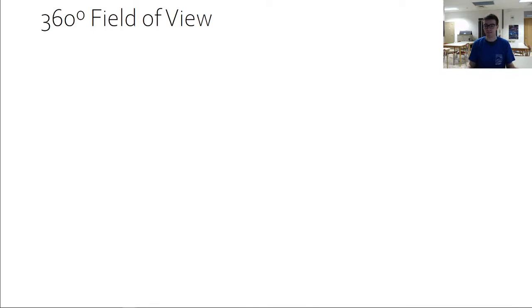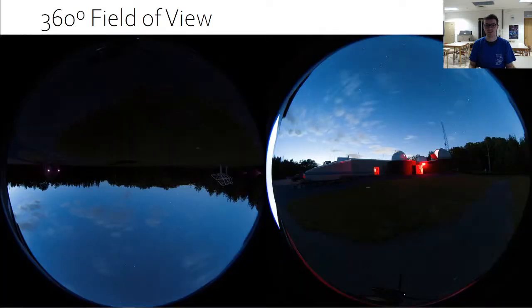In a lot of cases with consumer 360 cameras, you have two 180-degree lenses opposite each other and facing out to the world to record that footage. So this is what you get. If you take the raw image information from a 360 camera with two of those 180 lenses, you get two sort of hemispherical images.